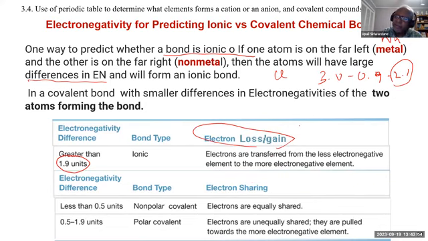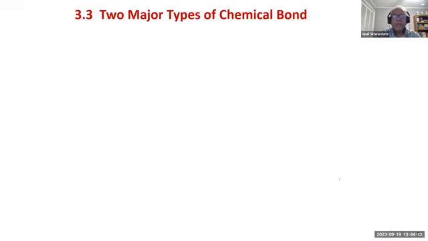If that difference is between 0 and 0.5, that's a covalent bond, shared equally between two atoms. If it is between 0.5 and 1.9, that's a polar covalent bond. So we can predict the type of bond based on the electronegativity values.